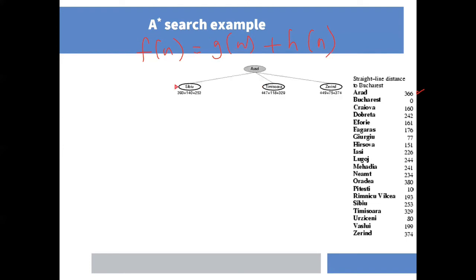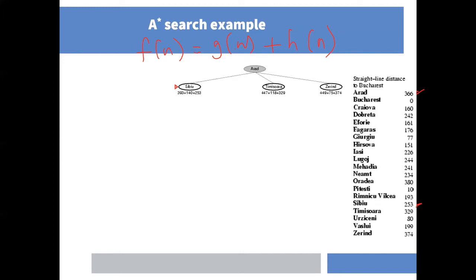Next, expanding that node, we have on the fringe three candidates. We have Sibiu with g of n of 140 plus the h of n is 253. Where is Sibiu? There. Equals 393.